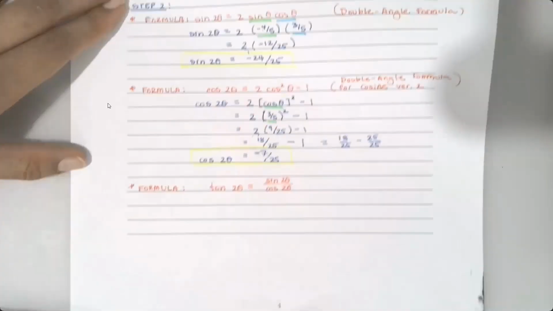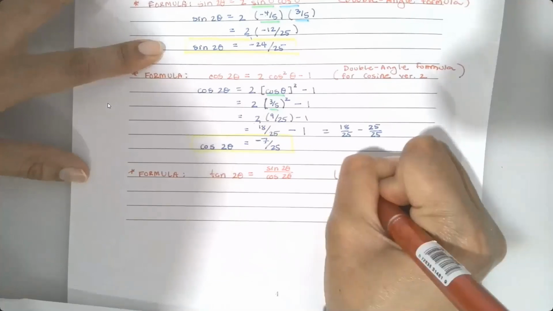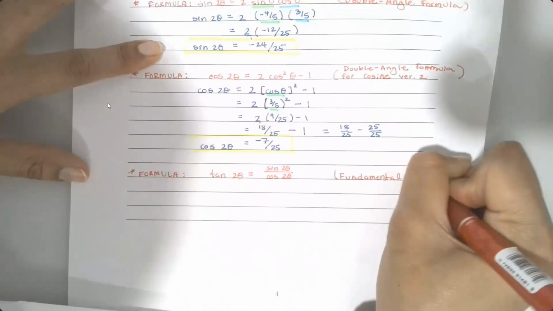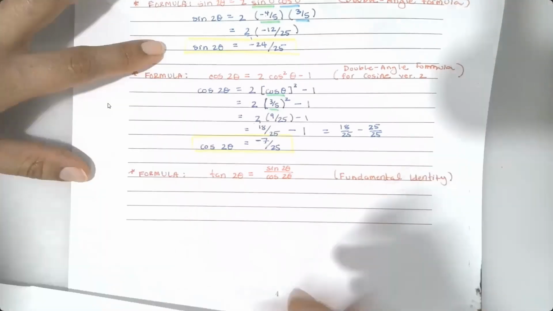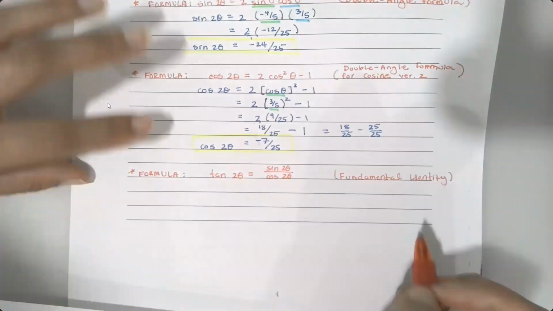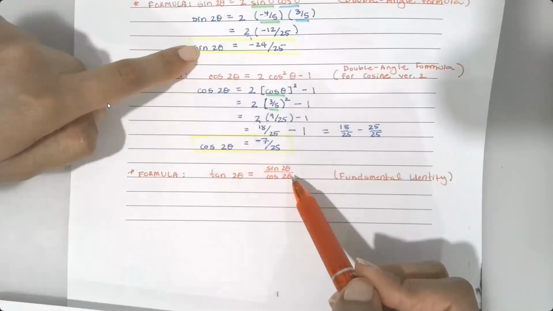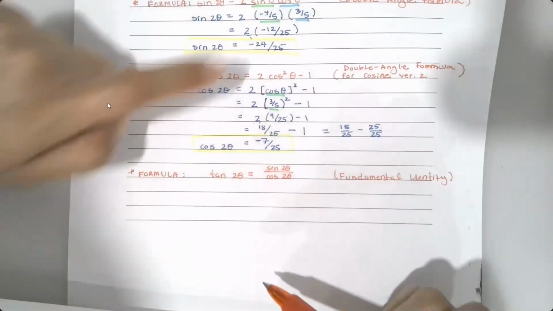And this is a fundamental identity. Now this is a lot shorter, a lot less work because we have already computed sine of 2 theta and cosine of 2 theta. So we can just take their values and plug them into the appropriate spot.